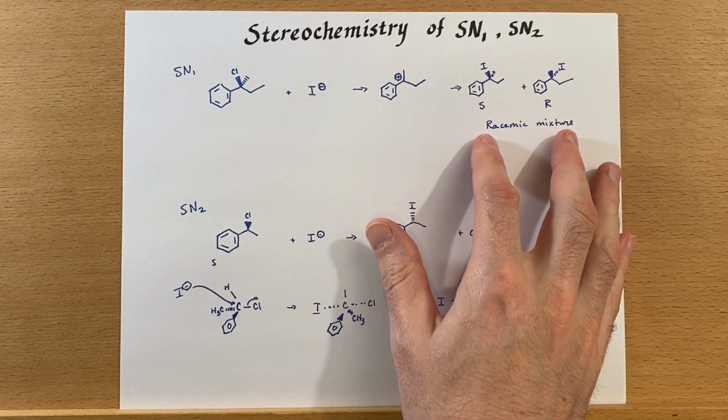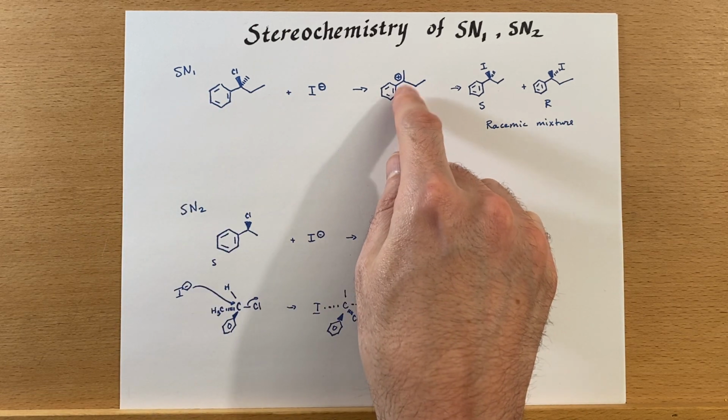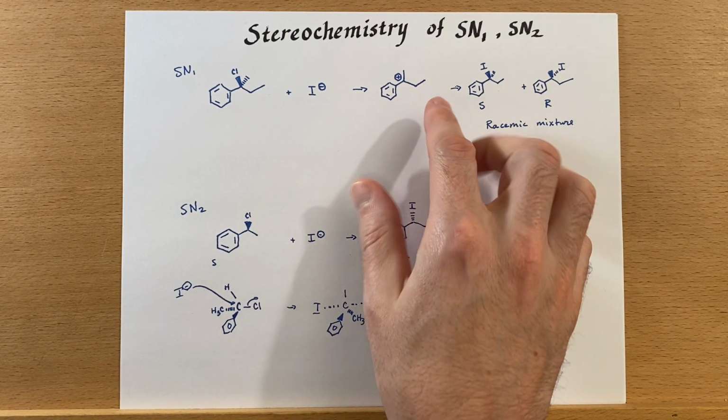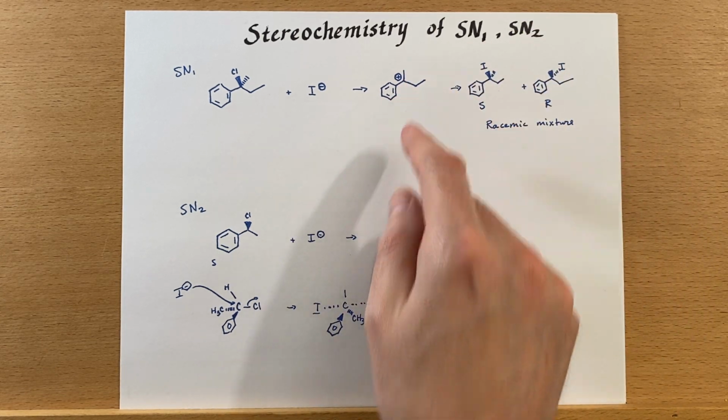We'll lose that chirality in the end if we go through a carbocation, which is, again, planar. So no differentiation between one side or the other of this molecule.